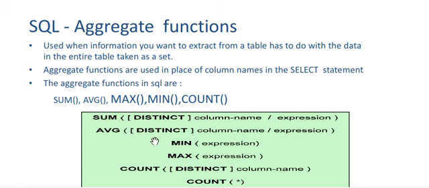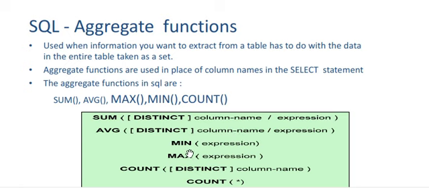The same case applies to average also. Here we are going to find the average of a specific column. If you want the average of marks, then only that particular marks column it will take, and it will give you the average value of the marks or attendance or anything, whatever column name you specify here.